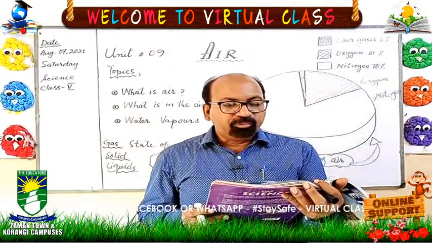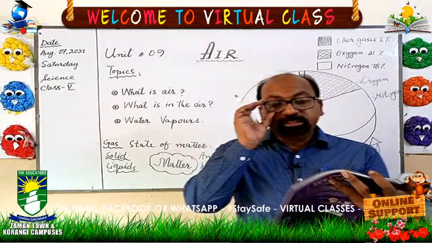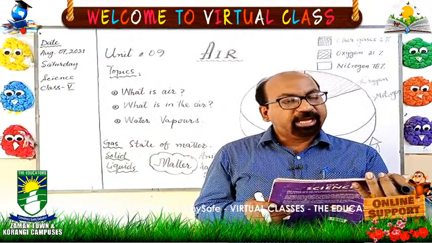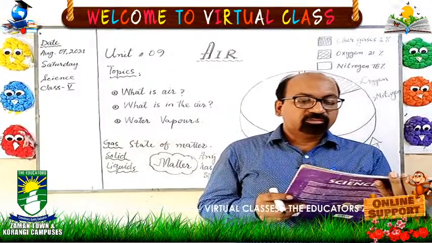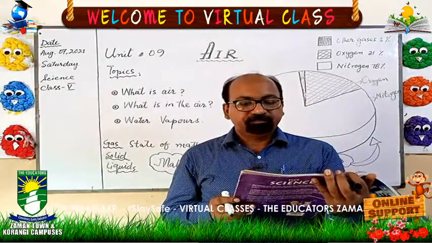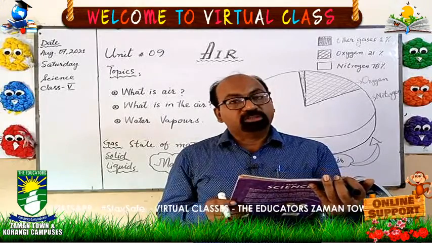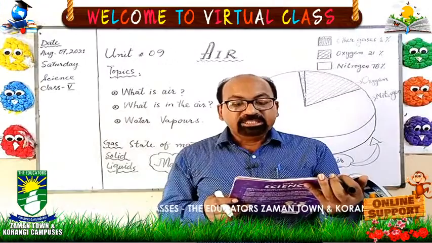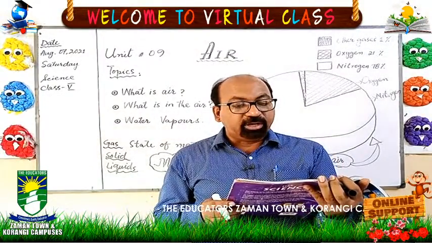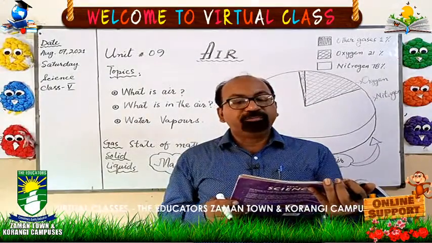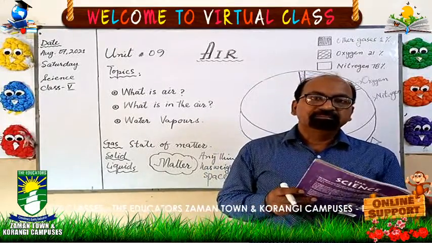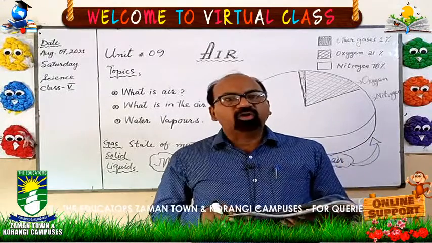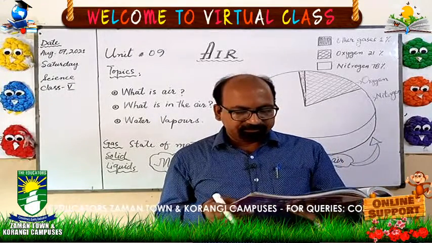Air provides us with oxygen, but oxygen is not the only gas air has. In fact, only 21% of air is oxygen. 78% of air is nitrogen, and 1% is a mixture of many other gases. So let's see the names of these gases.